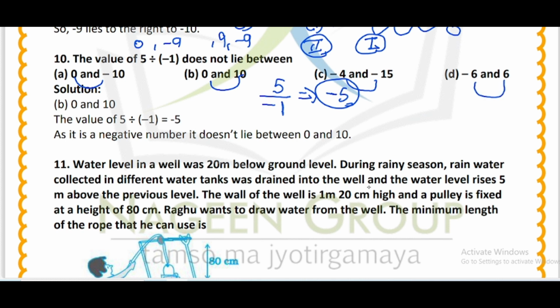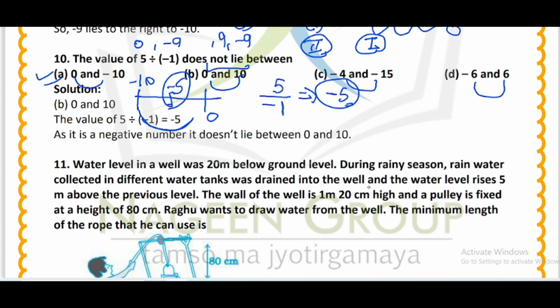Let's see. Minus 5 lies between 0 and minus 10. On 0, when we go to the left side, this shows minus 5, then minus 10. It means minus 5 lies between 0 and minus 10. It means the first part is true.